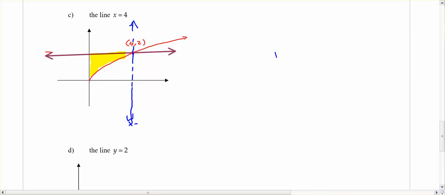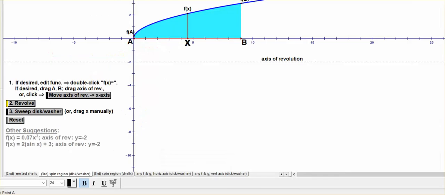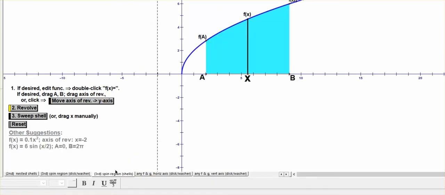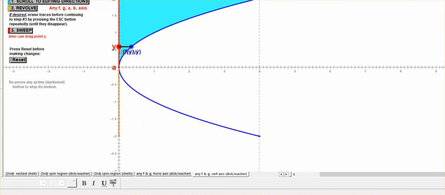x equals 4. So I'm going to rotate the shape about x equals 4. What is it going to look like? All right, I think this is the one that I had set up for us. Here it is. Okay, hopefully you can see it. There is the line, see if I can pull this down a tad.